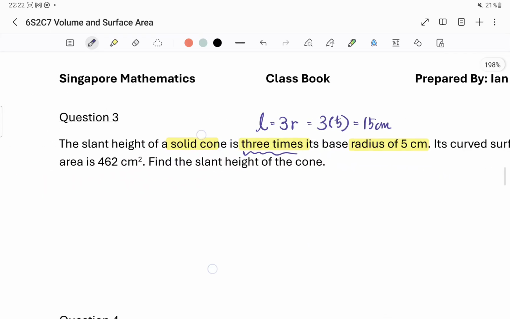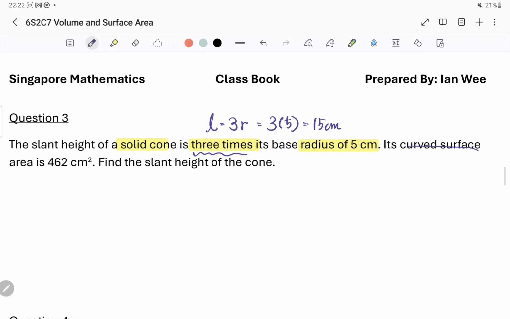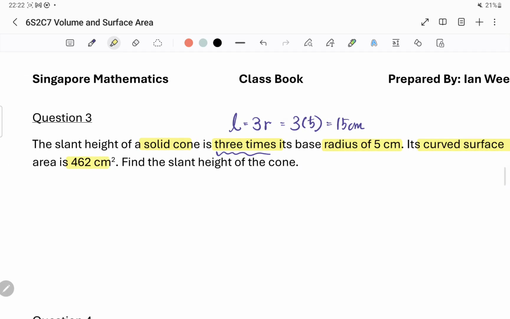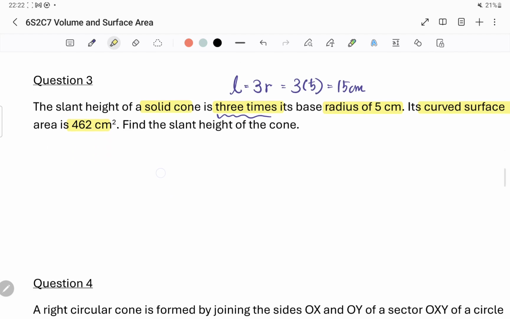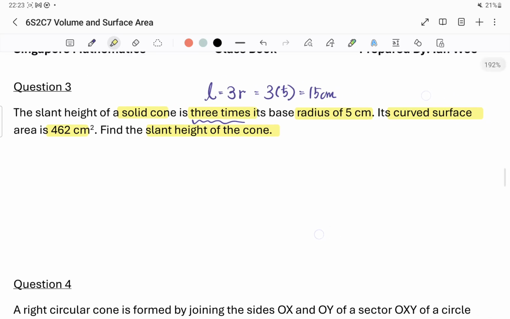And then the next part of the question says its curved surface area is 462 cm squared, and they want you to find the slant height of the cone. Hmm, I think there's a problem with the question.